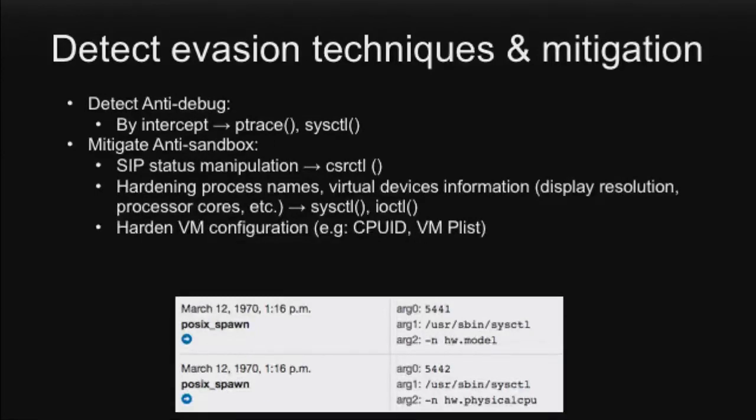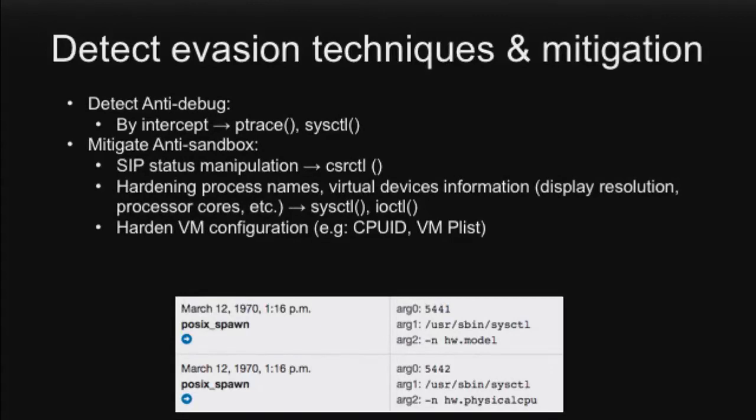The goal is to cheat the malware into thinking we are running on a physical machine instead of a virtualized machine. For example, the System Integrity Protection status, process names, virtual device information such as the display resolution, the number of processor cores, and the model name of the device.